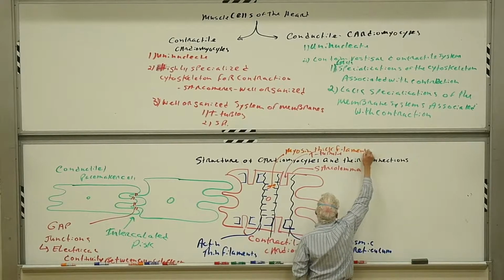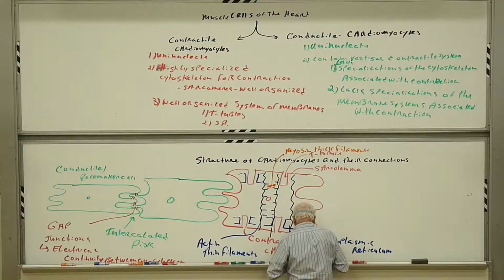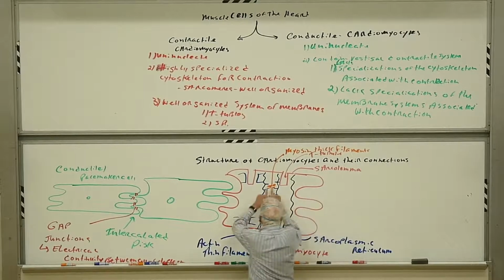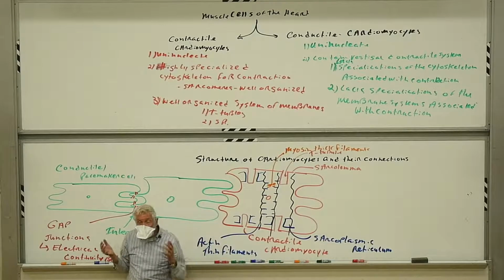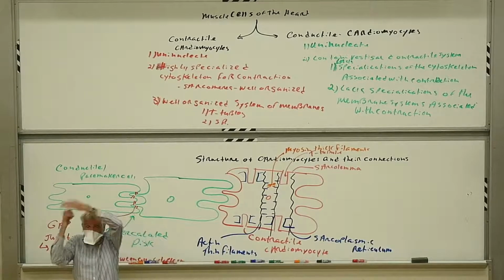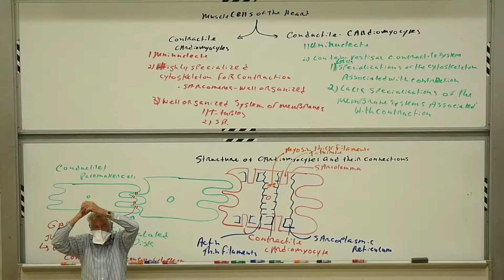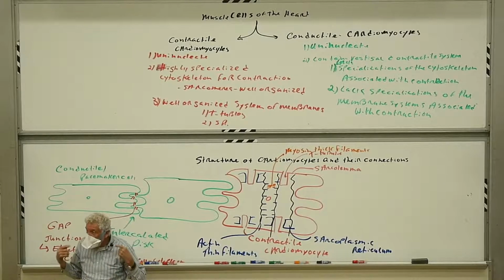These myosin thick filaments, as we saw in skeletal muscle, are poised to reach up and contact the actin thin filament. And they will do so in the same pattern.